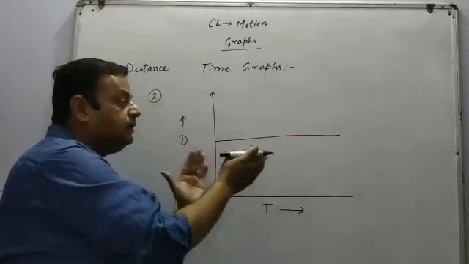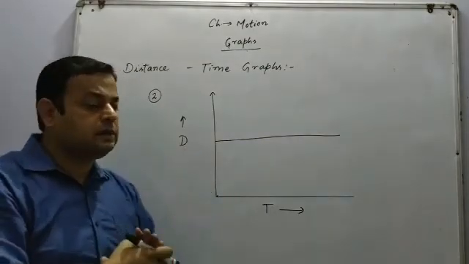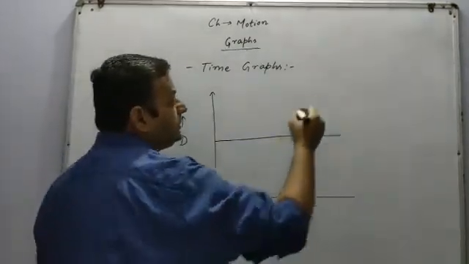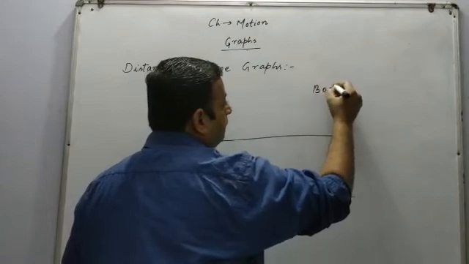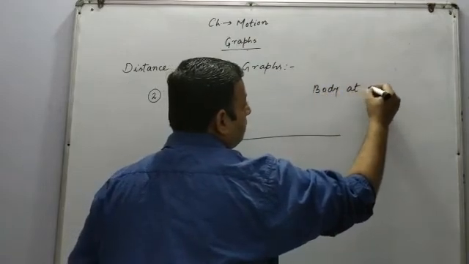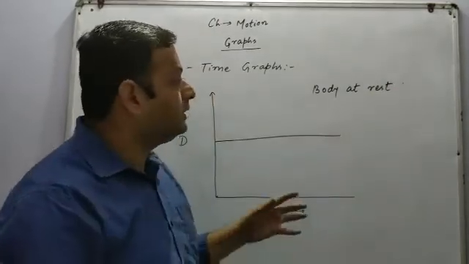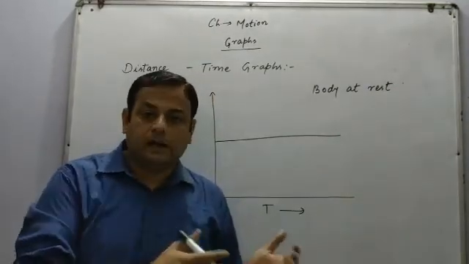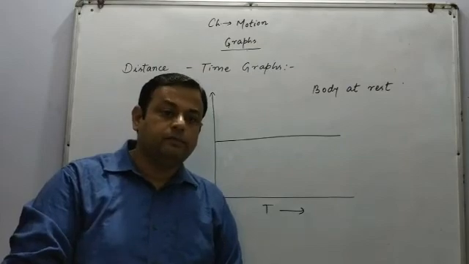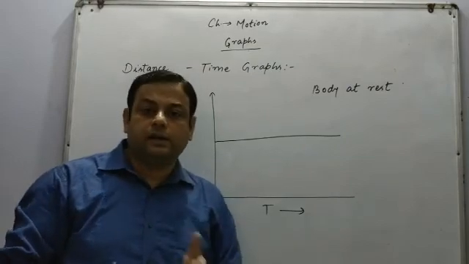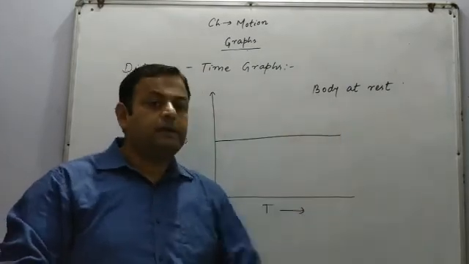So time is increasing whereas distance remains constant. So this graph represents a body at rest, we can say a car is parked in a parking, or a car is parked near the roadside.